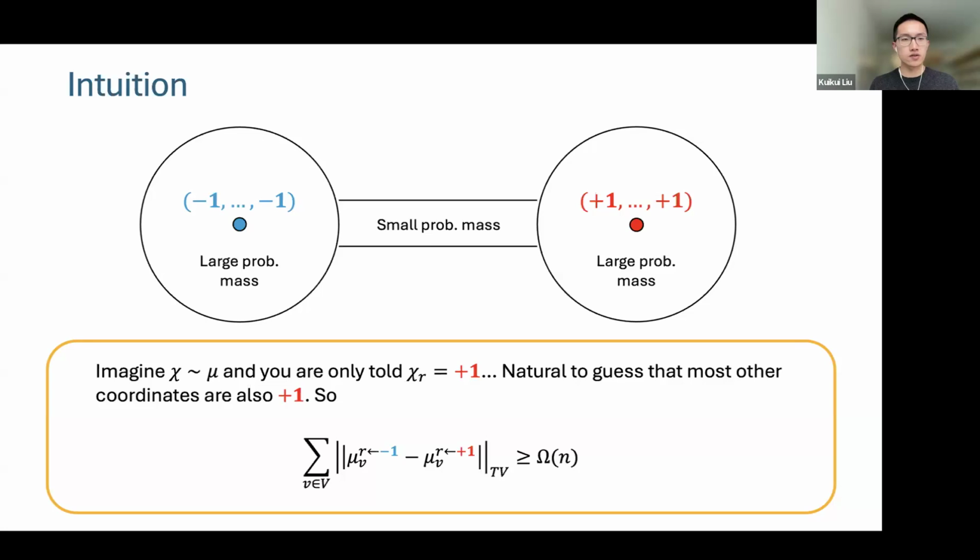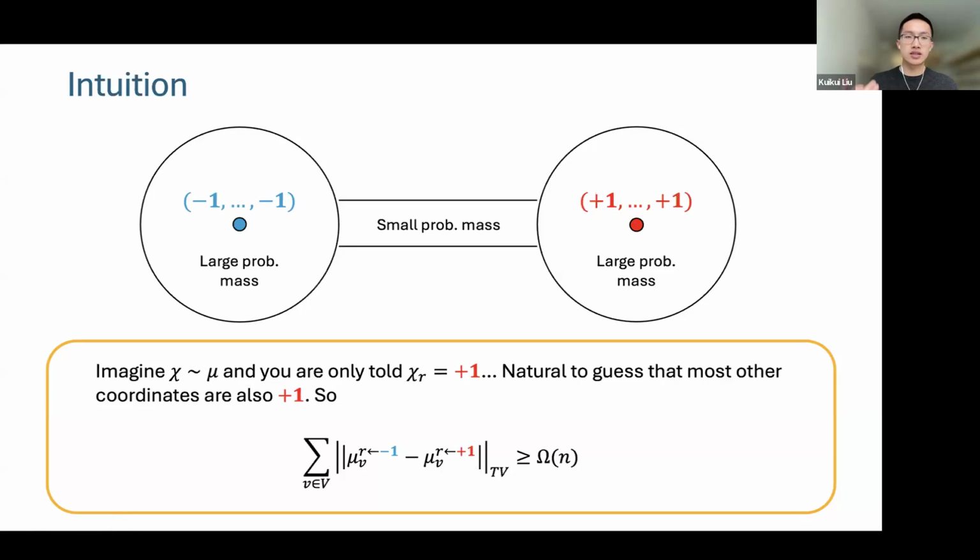Okay, basically, the intuition is just the following. Imagine you receive a sample from this distribution, right? And you are told that, let's say, the assignment for coordinate R, or the vertex R, is +1. And you're asked to guess what you think the assignment was for all the remaining coordinates. Then, because you know the coordinate R is assigned +1, you're more likely to be in the second bump in this distribution, right?